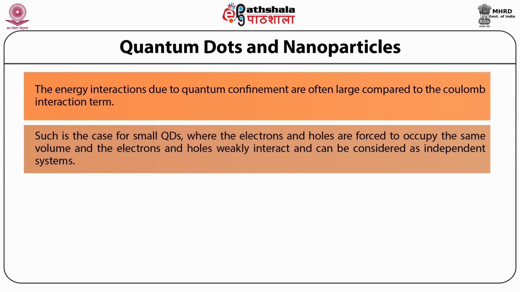Such is the case for small quantum dots, where the electrons and holes are forced to occupy the same volume, and the electrons and holes weakly interact and can be considered as independent systems.